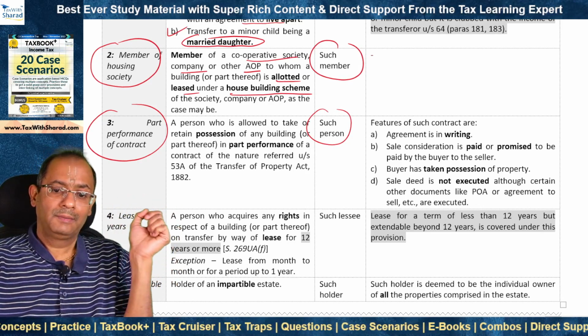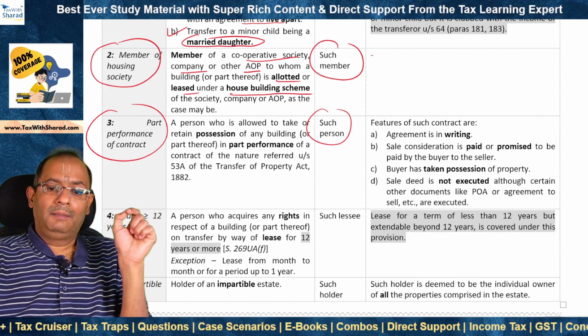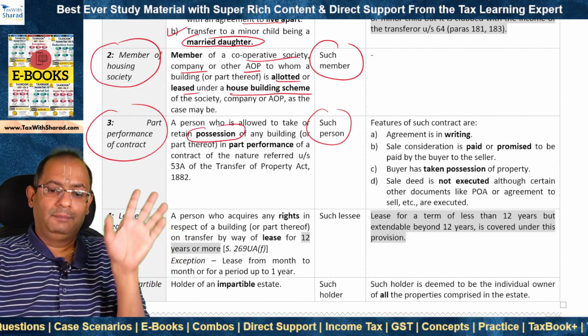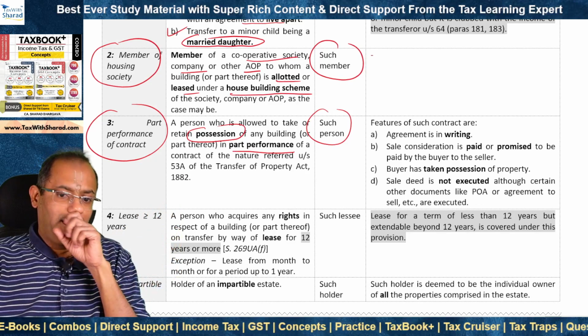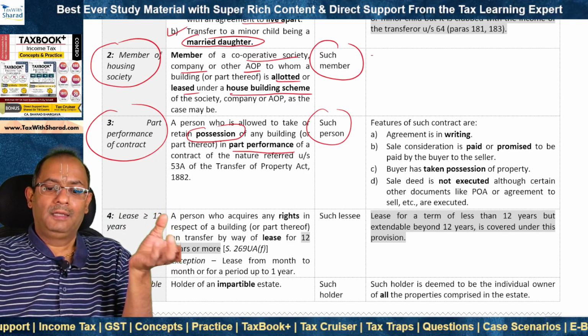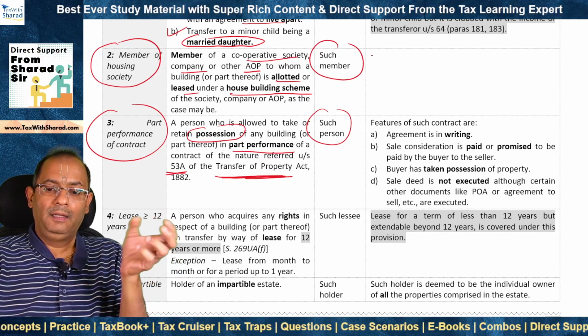What are those conditions? The condition is that the person should have been allowed to take or retain possession of such building in part performance of a contract, right? And such part performance of the contract should be as referred under section 53A of the Transfer of Property Act 1882.